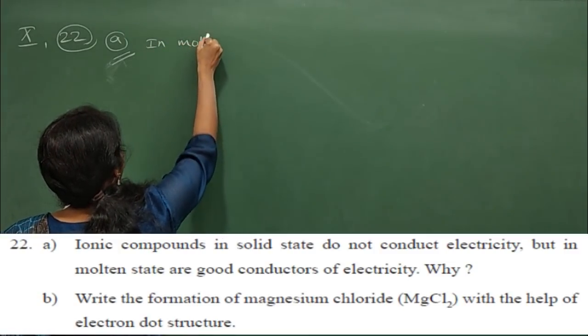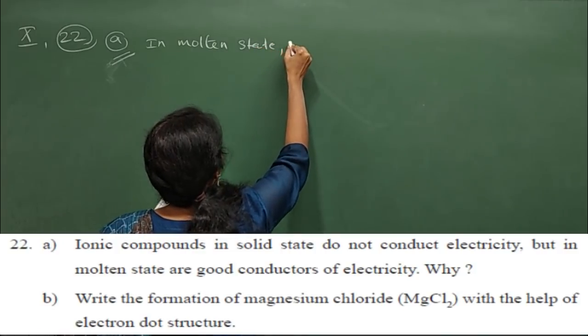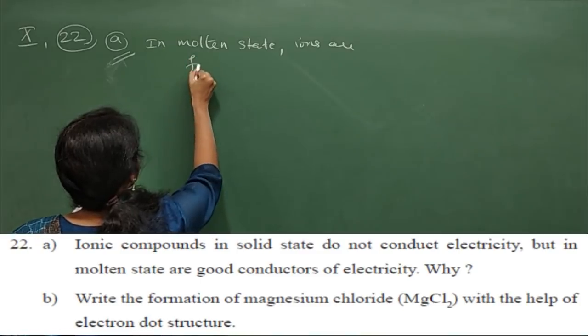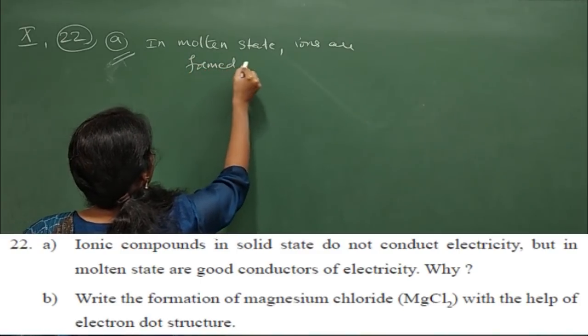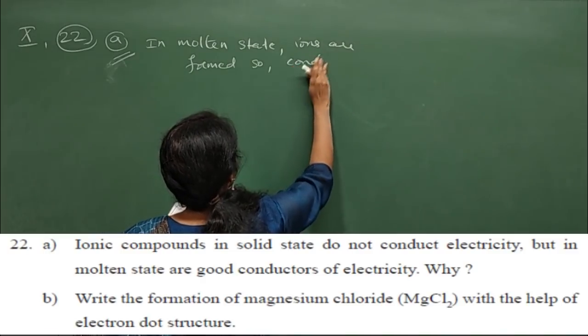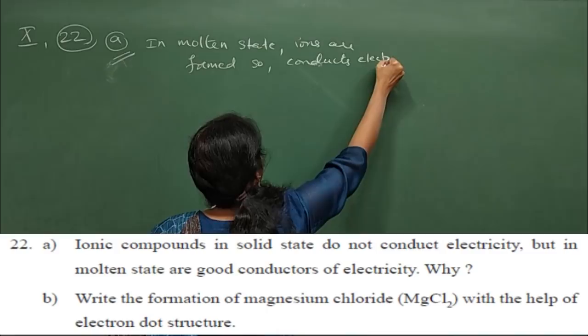In molten state, ions are formed, so it conducts electricity. So this must be the answer.